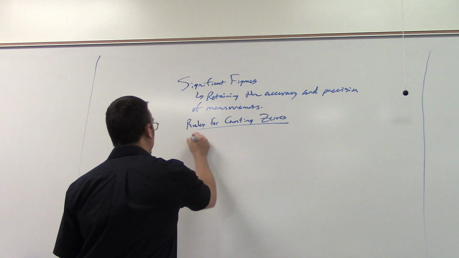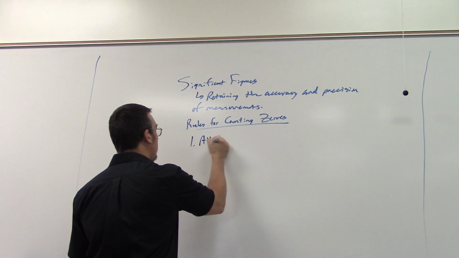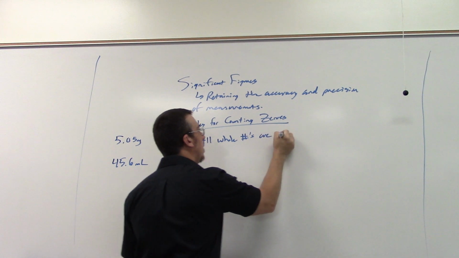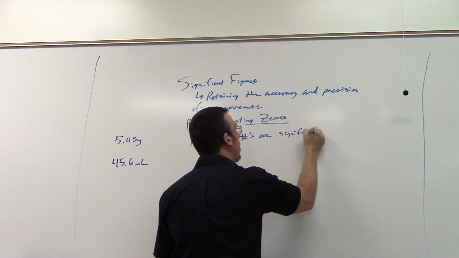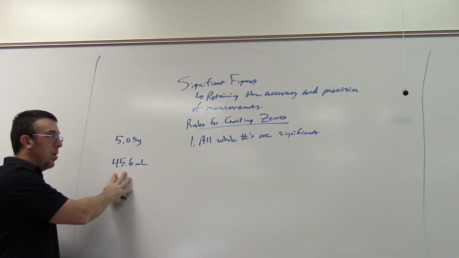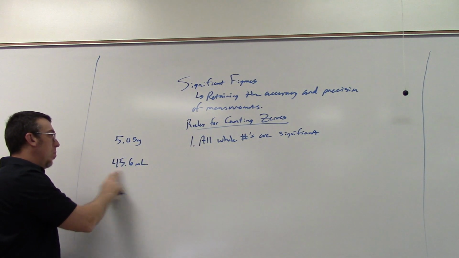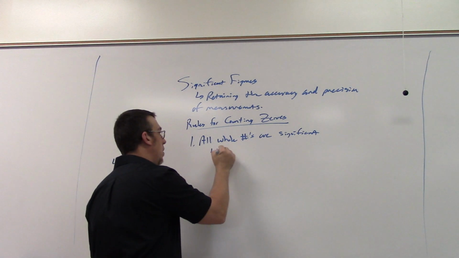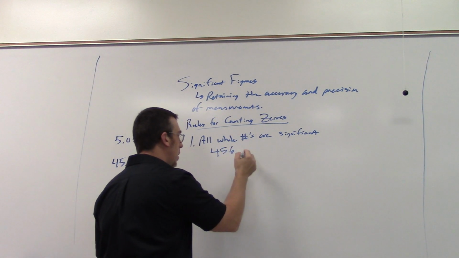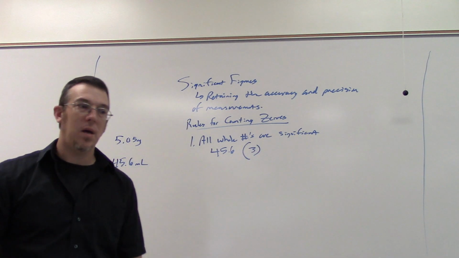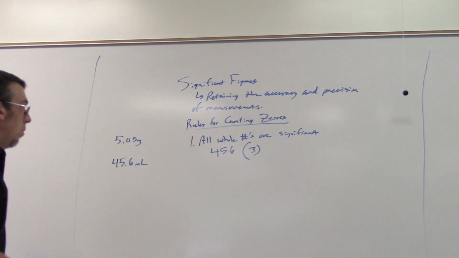And so the first thing is that all whole numbers are significant, meaning that they are going to be counted. As we look at this example here, the one that says 45.6 has three significant figures because all of the digits count, because they're all whole numbers.